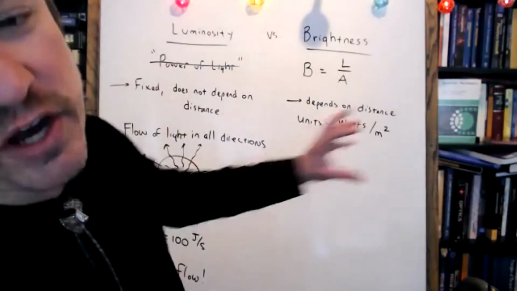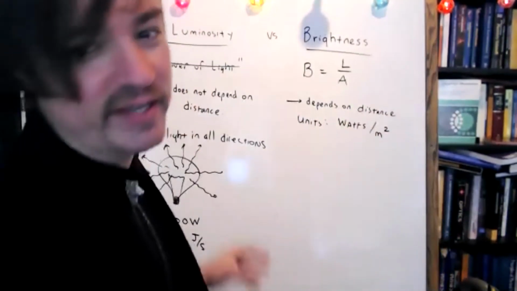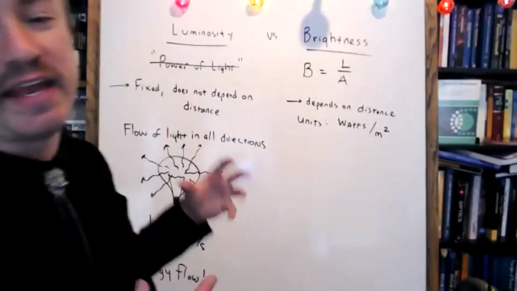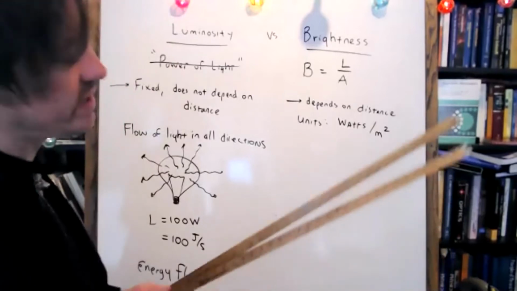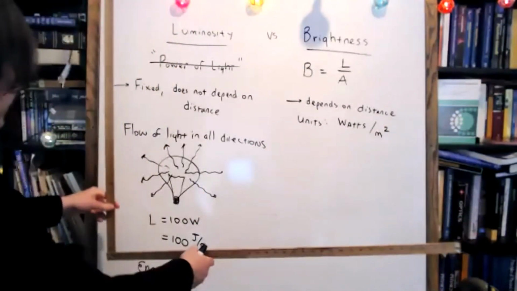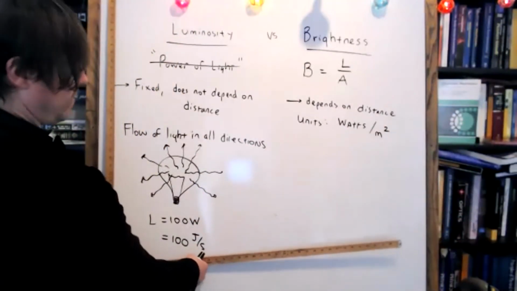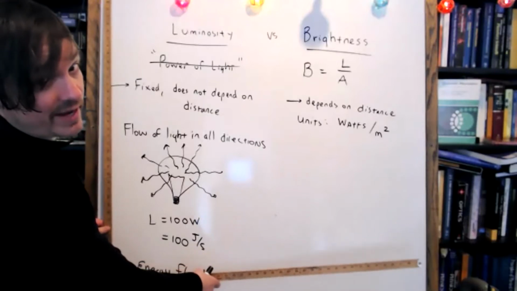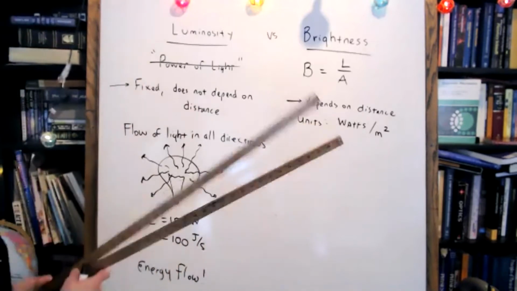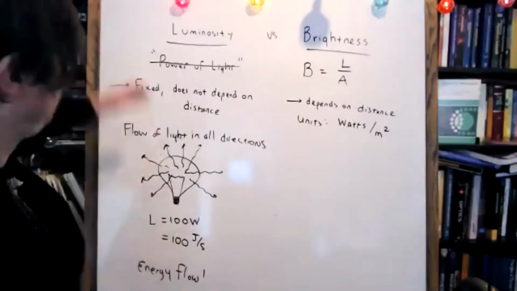You might think of it as a cone of light or a square of light or a beam of light that hits some detector. In MKS units, a meter squared is roughly the size of my dry erase board. You can see meter by meter right here, right? So this dry erase board is a panel.